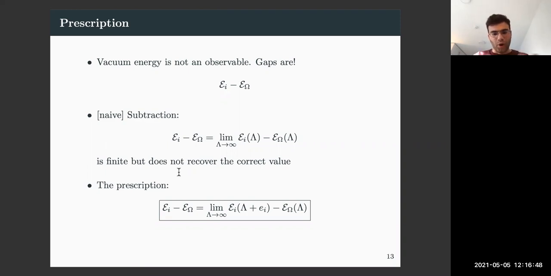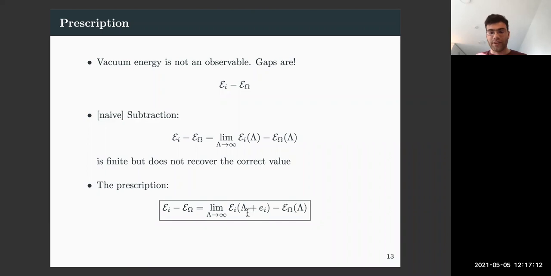But for the moment, the prescription is the following: we have the state, the energy of the states E_i that we want to find, and to do so, we take the Hamiltonian at a shifted cutoff, lambda plus E_i, where E_i is the unperturbed energy of state i, and we subtract from lambda.